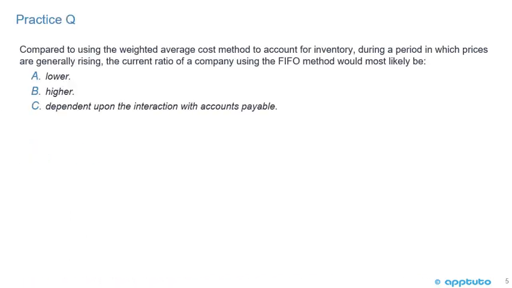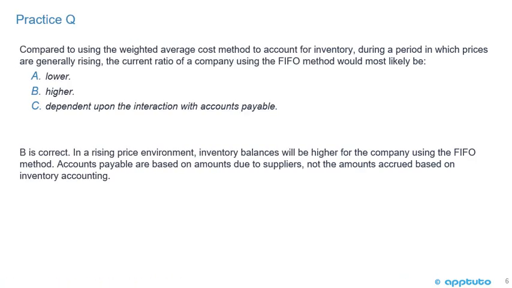Another practice question. Compared to using the weighted average cost method to account for inventory during a period in which prices are generally rising, the current ratio of a company using the FIFO method would most likely be A, lower, B, higher, or C, dependent upon the interaction with accounts payable. B is correct.